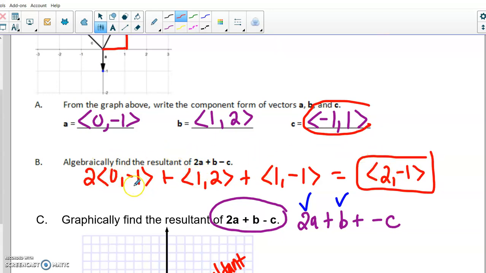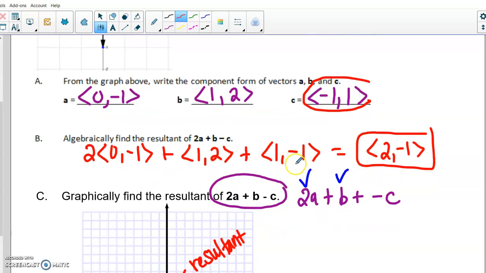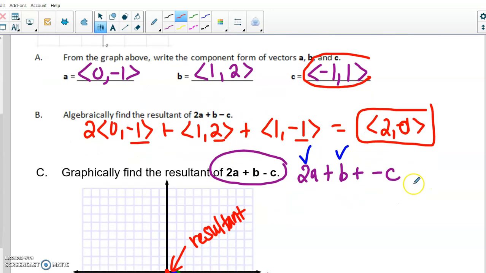Add up all the vertical components. -1 plus 2 is 1. 1 plus -1 is 0. So 2, 0.